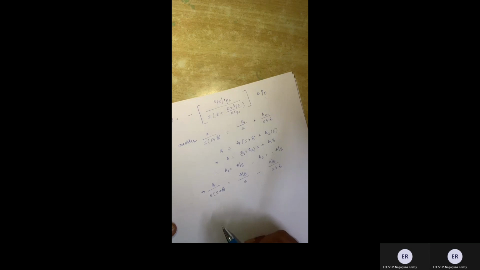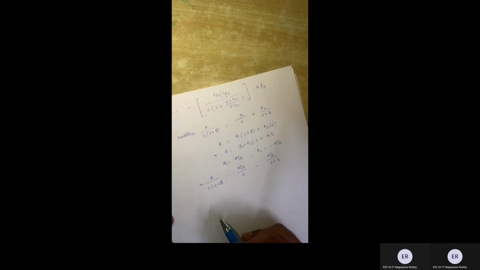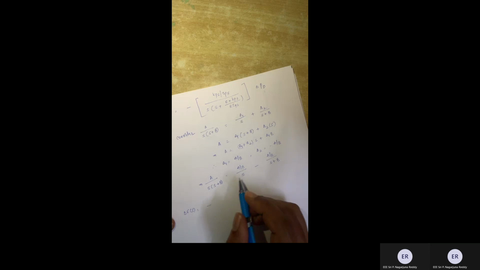Now I'm going to consider this one, delta f of s is equal to, so I'll take a by b as common. This will give 1 by s minus 1 by s plus b. So minus a by b, where a is KPS by tau PS and b is R plus KPS by R into tau PS.